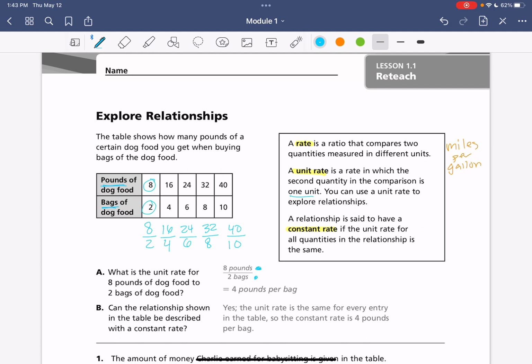And what do we notice about all these if we simplify them? Pause if you need to, do a little division. All of those end up equaling 4, every single one. Okay, and that's what we found here.